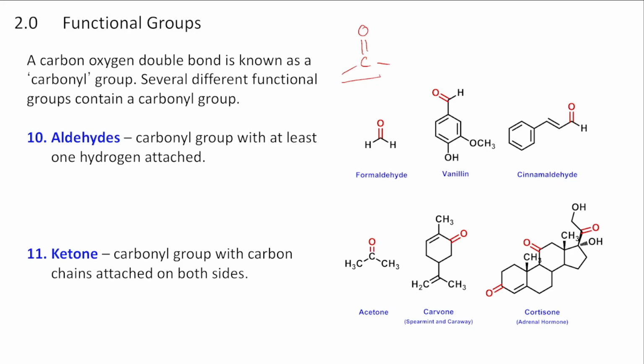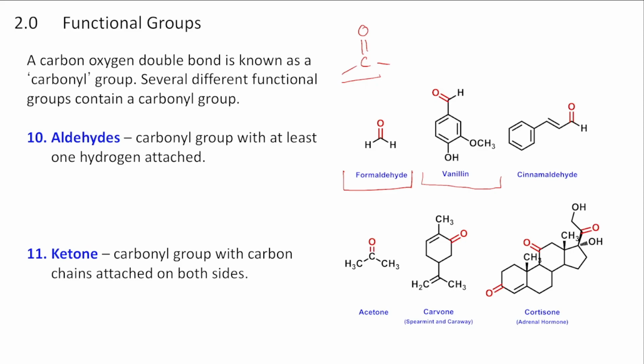If the carbonyl group has one or more hydrogen atoms, we call that an aldehyde. And so you can see the simplest aldehyde is formaldehyde, where both of the things attached to that carbon are both hydrogens.